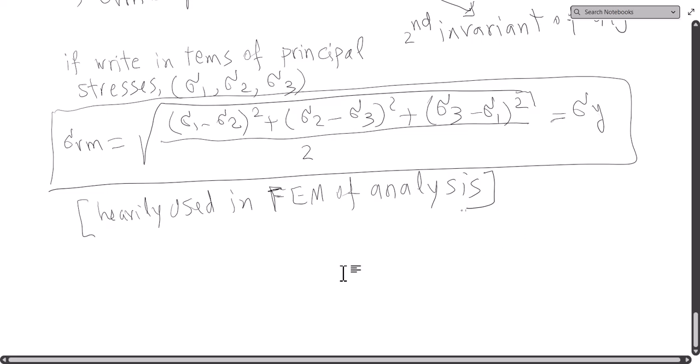If this is the case, then it is safe. Otherwise, the specimen or the component will fail. That's what we are saying.